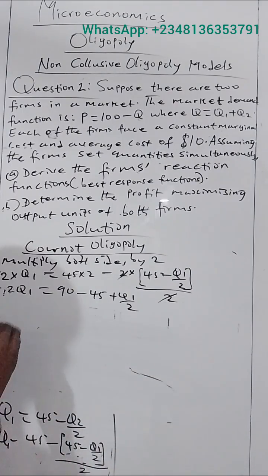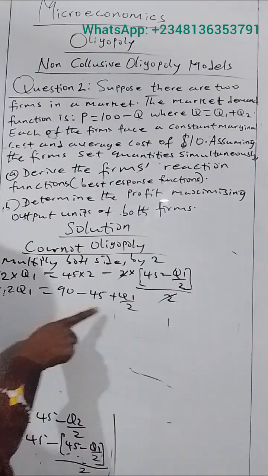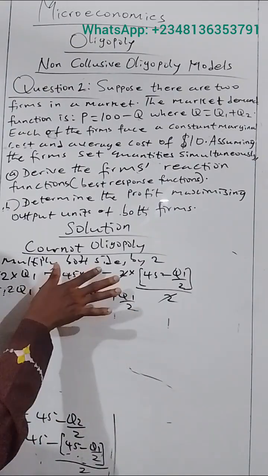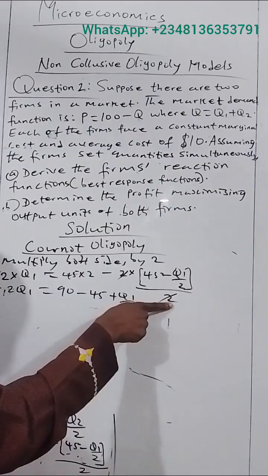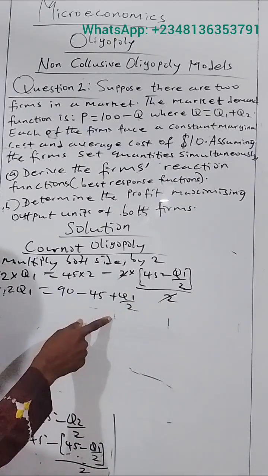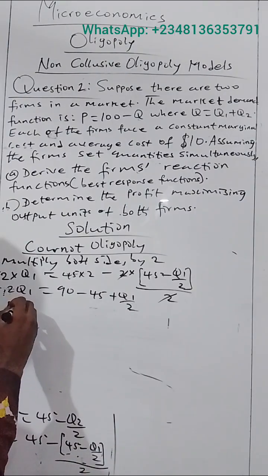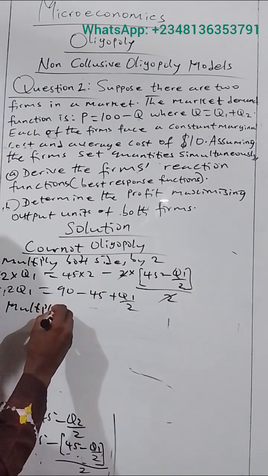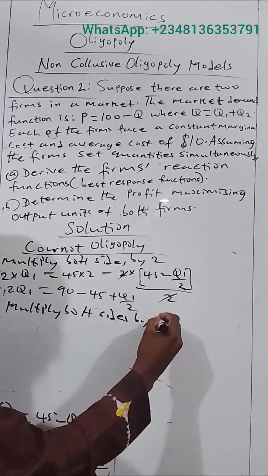The next thing is to also multiply by 2. You can see here I multiply both sides by 2 because I have the denominator 2 in one of the components. I also have the same problem here, so I multiply both sides by 2 again.